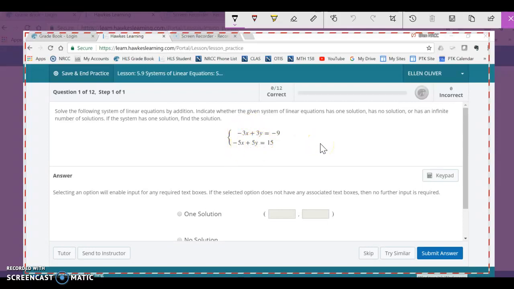So for this, for example, if I multiply that top equation by negative 5 and the bottom equation by 3, my x's will be positive 15x and negative 15x, and they will cancel each other out when I add them together.